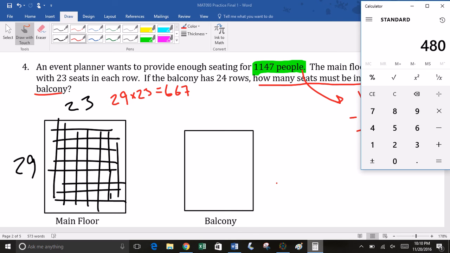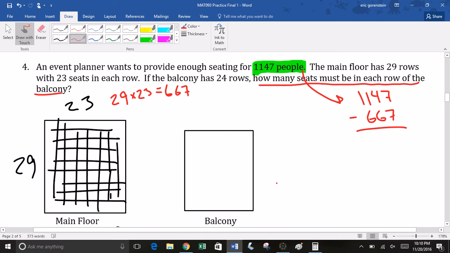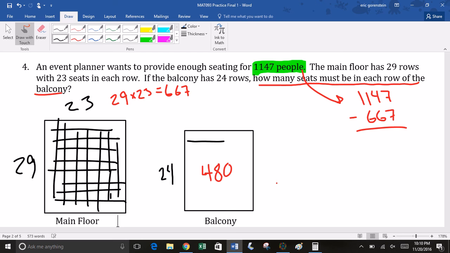So let's come back over here. There's got to be 480 people in here. We know there are 24 rows. Let's label that this way. There's 24 rows in here, and there has to be a total of 480 seats.